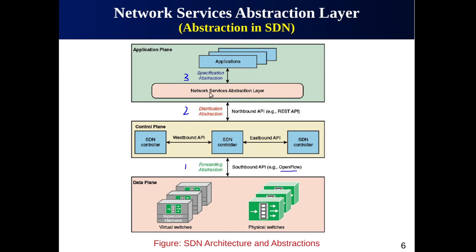The second level of abstraction is between the application plane and the control plane, and that is known as the distribution abstraction. As the name indicates, this concept arises in the context of distributed controllers. We know that more than one SDN controller is possible for large enterprises.